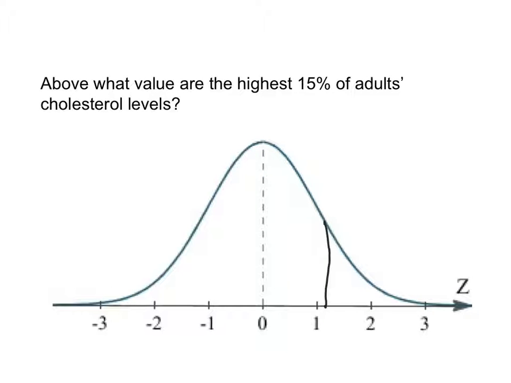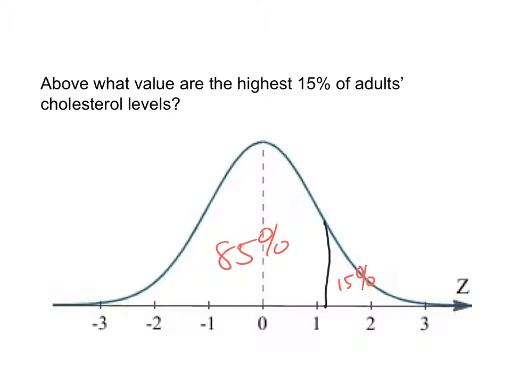All right, the last question is to find above what value are the highest 15% of adults' cholesterol levels. If I'm the highest 15%, that means in my normal curve I want 15% of the data to be above, and I want 85% of the data to be below.